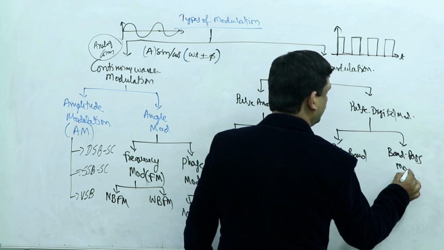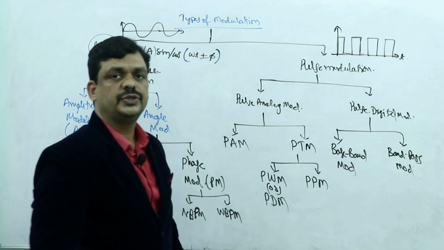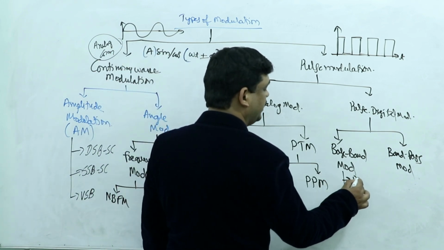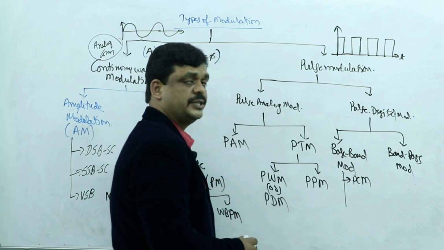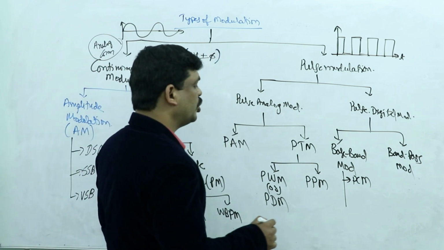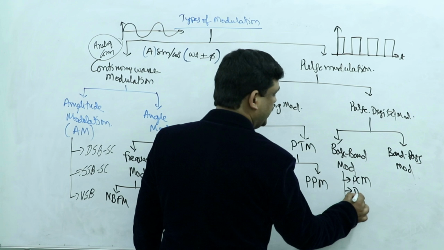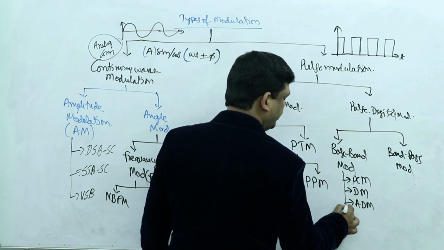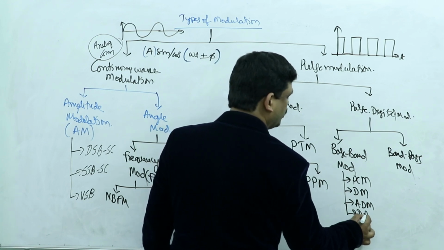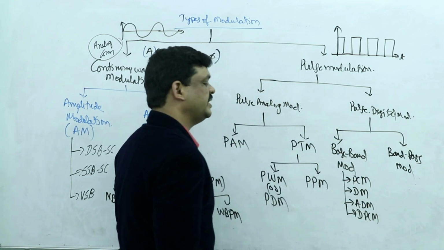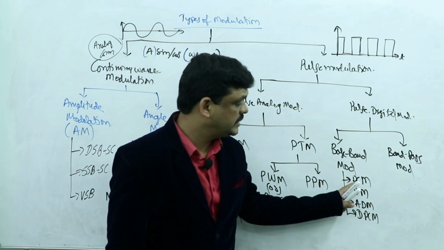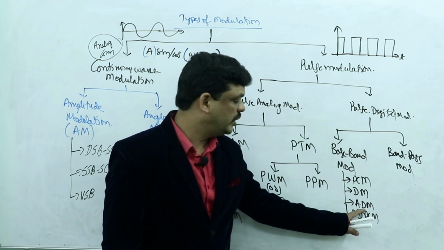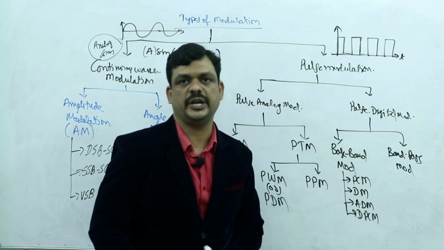In baseband modulation, different modulation techniques we have to discuss. Those are pulse code modulation, PCM, delta modulation, adaptive delta modulation, and differential pulse code modulation. These come under baseband modulation techniques.